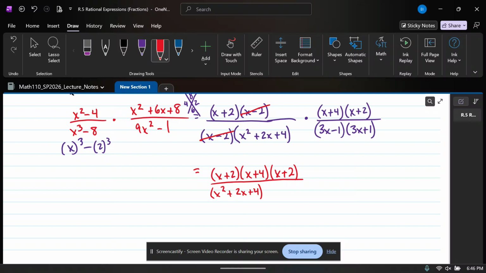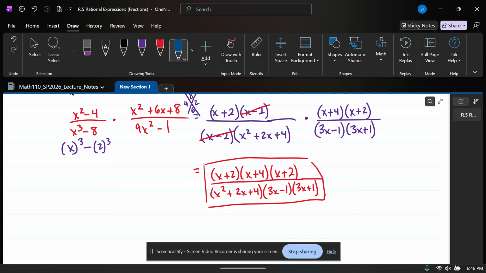If it came from a sum or a difference of cubes, the long factor never goes any further. It's always got complex roots. And then we have 3x minus 1, 3x plus 1. How could I make the top look just a shade better? Yeah, I could write that as x plus 2 squared.